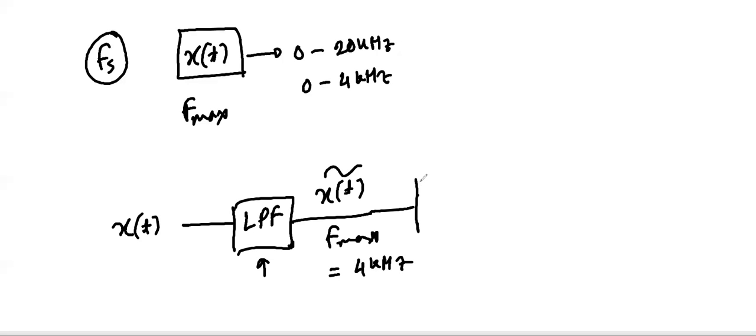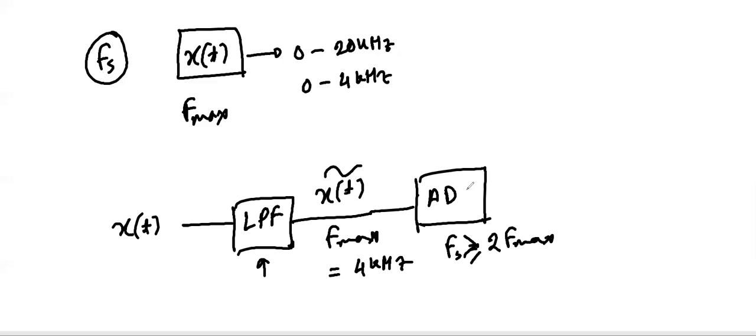After finding this, since we know the maximum frequency, we can choose our sampling frequency at least 8 kilohertz, or more than that. So it would be greater than or equal to twice f max, and this is the analog to digital converter.